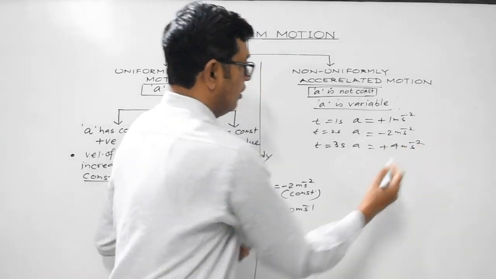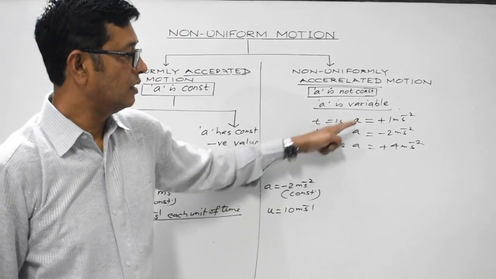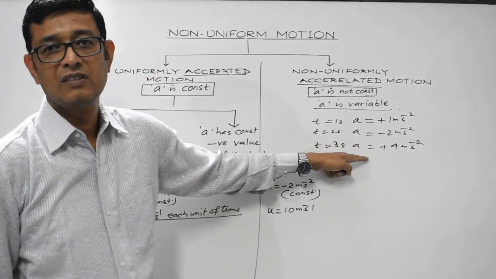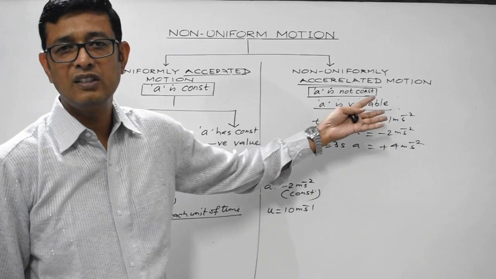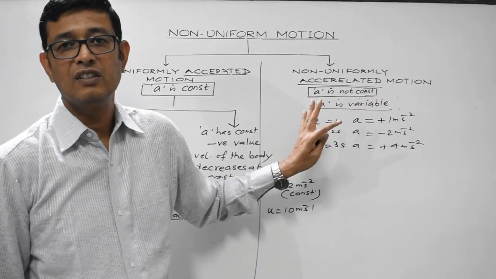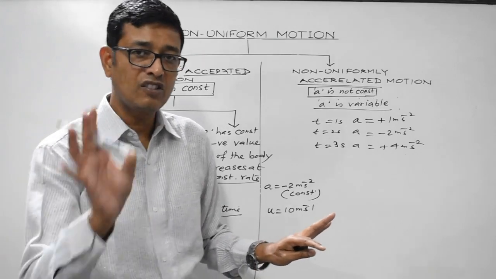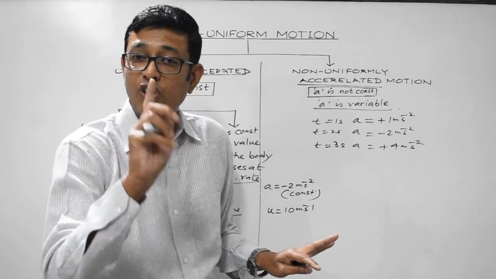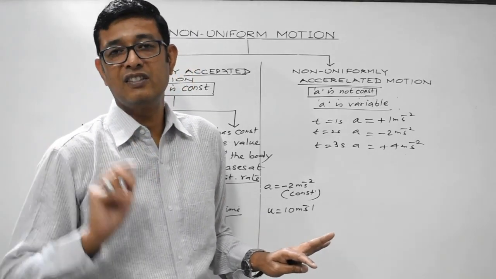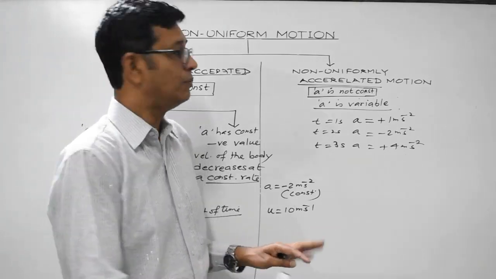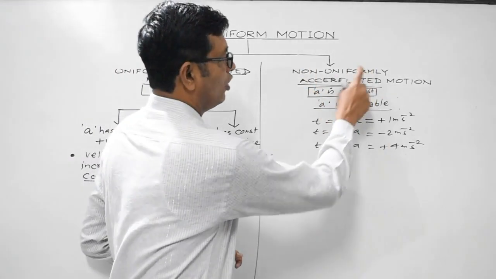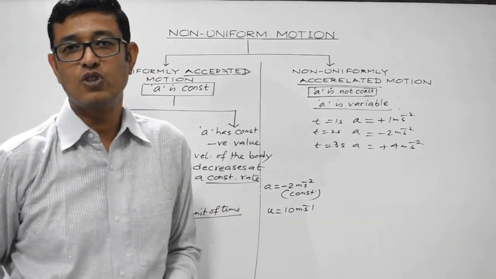So here, with each unit of time, the acceleration is not constant. It can either increase or decrease, but it is not constant. When acceleration is not constant, it means that velocity of the body is changing, but not at a constant rate. That is when the body is said to possess non-uniformly accelerated motion. Clear?